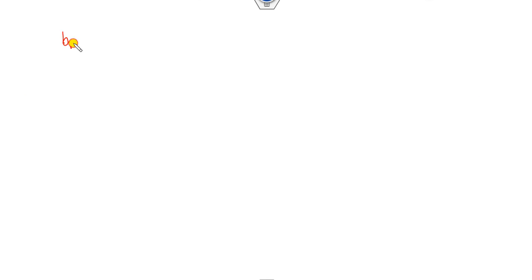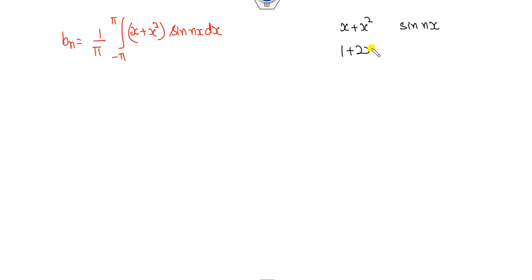Now you can find the bn. bn is 1 over pi, integral from minus pi to pi of x plus x square times sine of nx. So again you can write this function here: x plus x square, sine of nx, 1 plus 2x, 2, 0. Minus cos nx over n, minus sine nx over n square, plus cos nx over n cube.